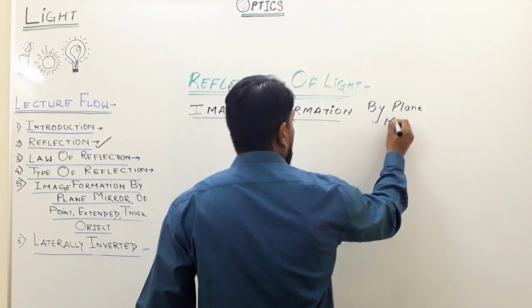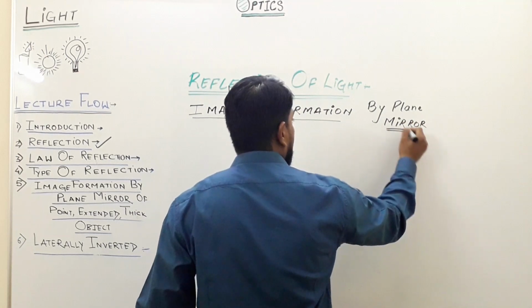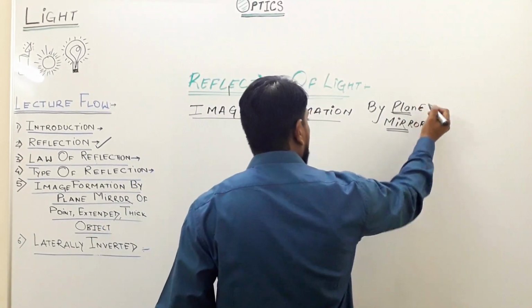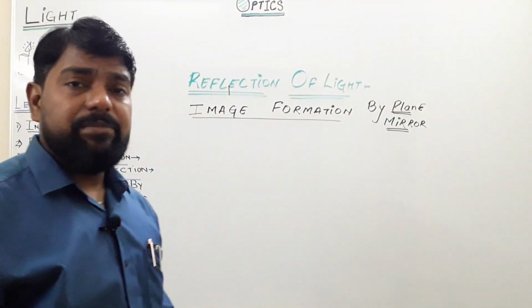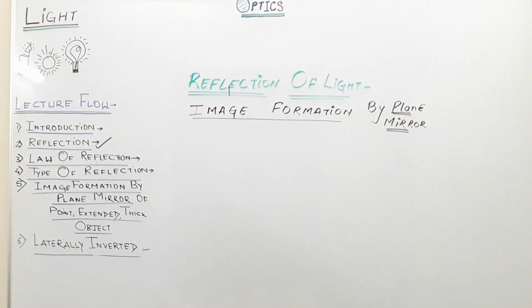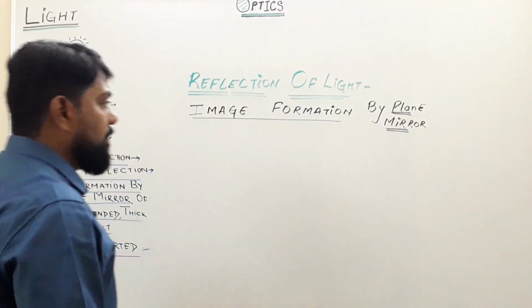We will discuss the plane mirror, and in the next section of this chapter we will discuss the spherical mirror, where we have two different types: convex mirror and concave mirror. That is also one of the most important things in this chapter. Now, image formation by a plane mirror.